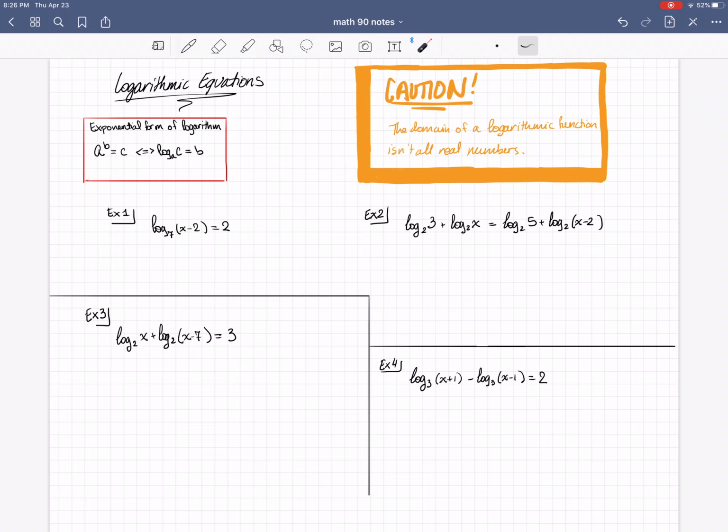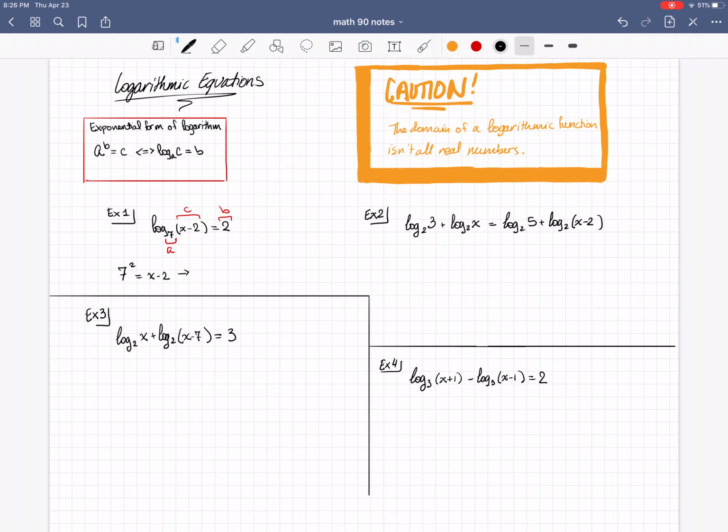All right, so here we go. We have log base 7 of x minus 2 equals 2. I think you've gathered by now that I'm never going to get sick of this. So I'm going to go ahead and label my A, my B, and my C. Here A is played by 7, B is 2, and x minus 2 is C. So looking at exponential form, a to the power b, 7 squared, is equal to x minus 2.